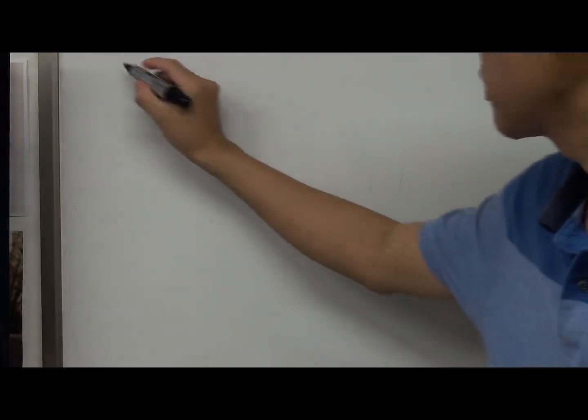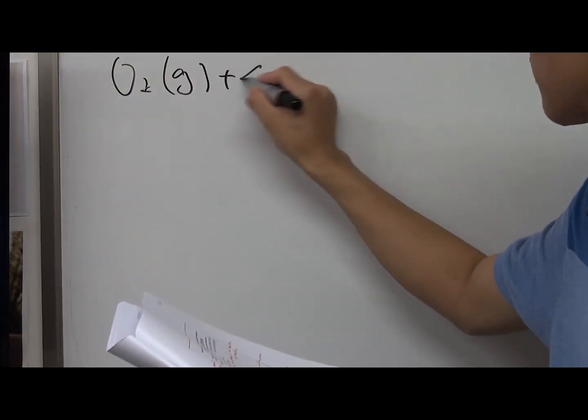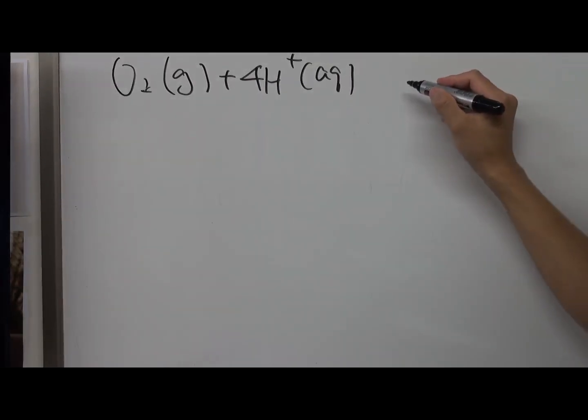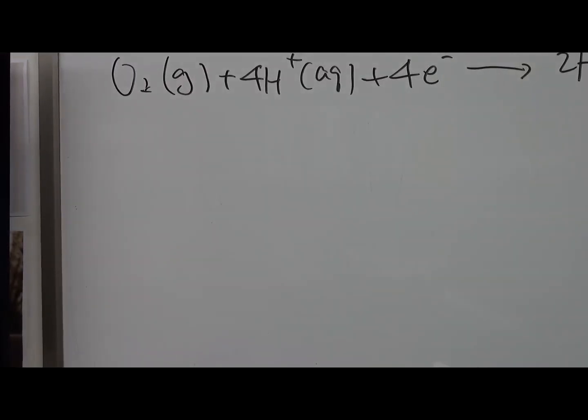For example, if the redox reaction is something like this, O2 gas plus 4H plus aqueous plus 4e minus goes to water.